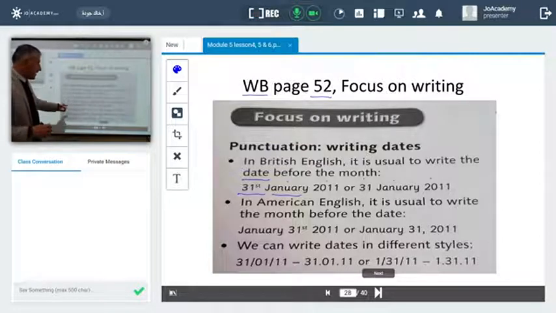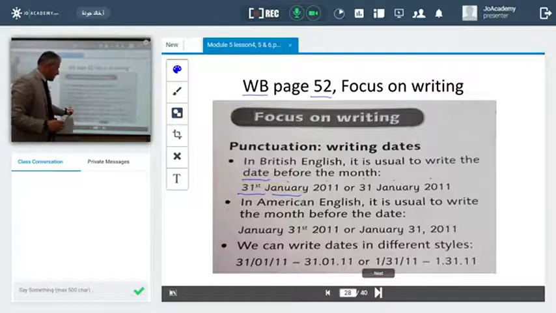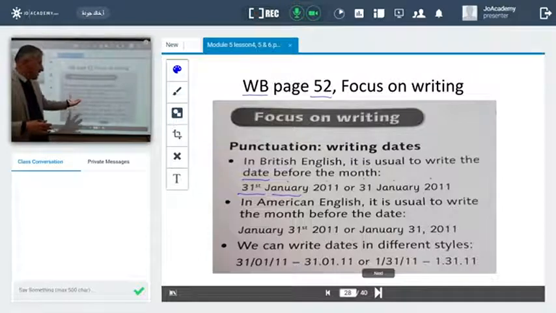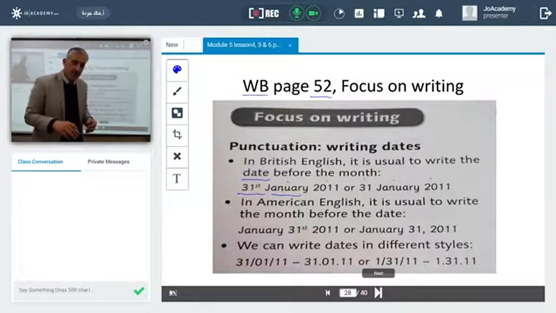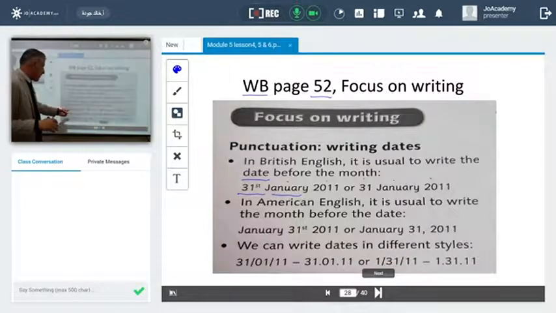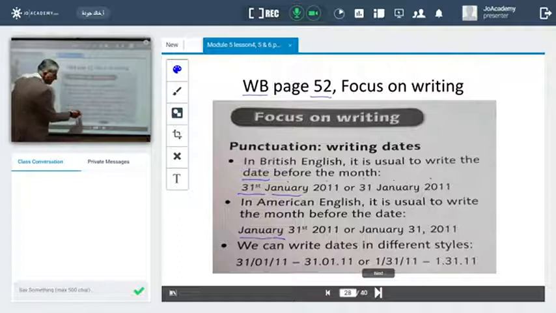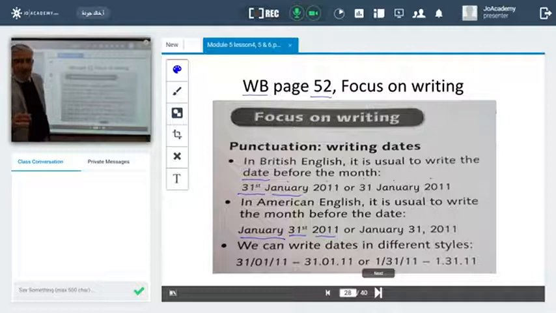In American English, it is usual to write the month before the date. So if it's like this, I say January 31st. I put the month before the date. So here we have January 31st. They start with the month, then the date, then the year. So they are not like the British.